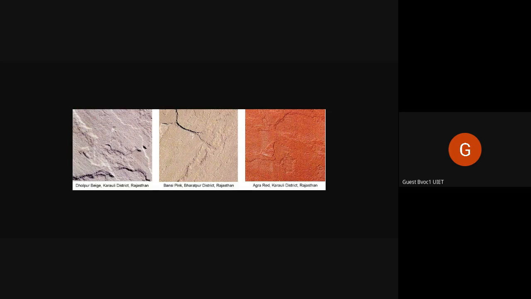The metamorphic rocks are laterite, marble, quartzite, and slate. These are the most commonly used metamorphic rocks in India.